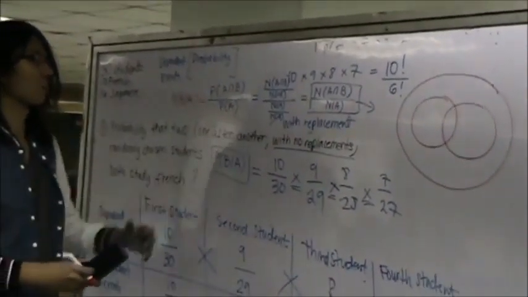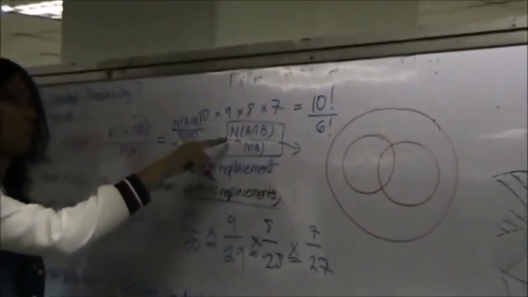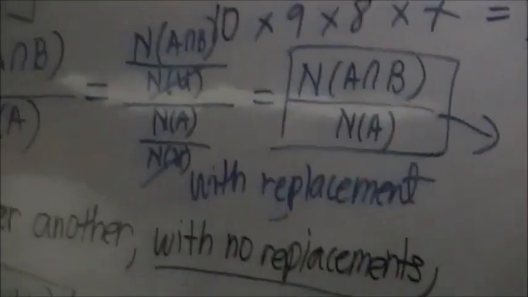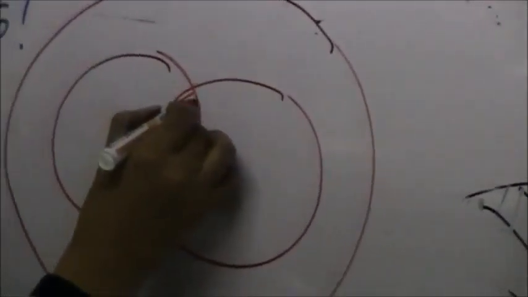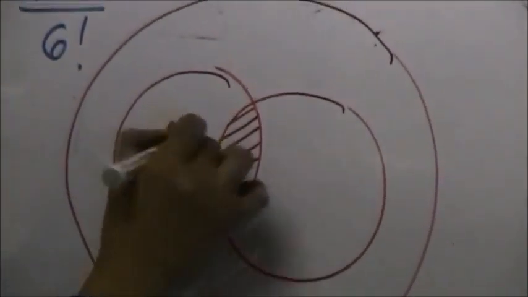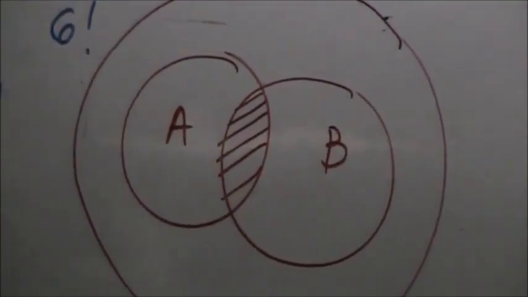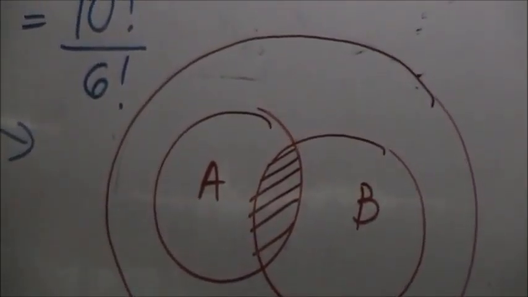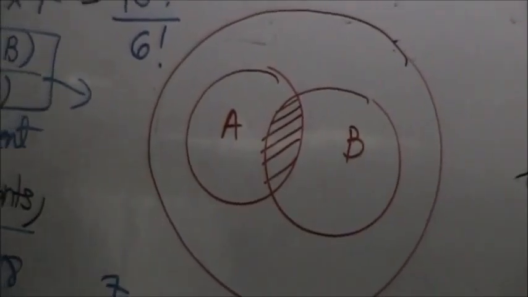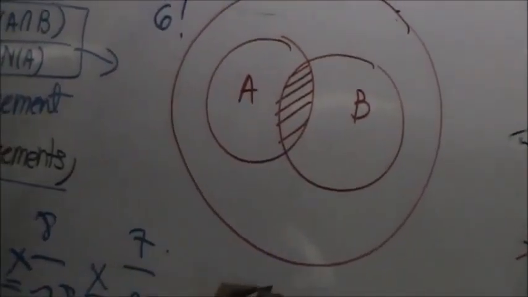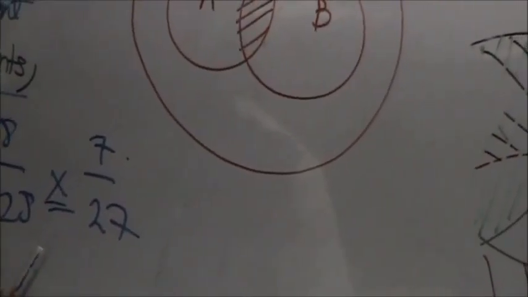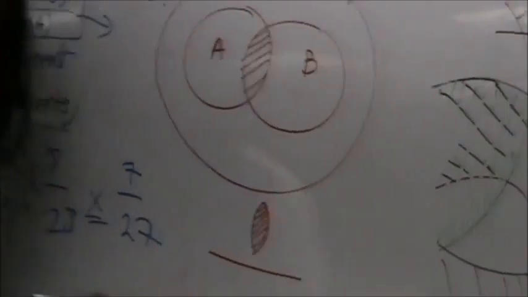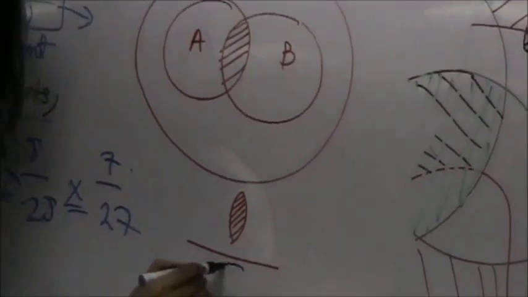I did the mathematics. It turns out to be just the number of the intersection over the number of A. So let us find out. Here's the intersection of A and B. And what this thing is telling me is just basically this divided by that.